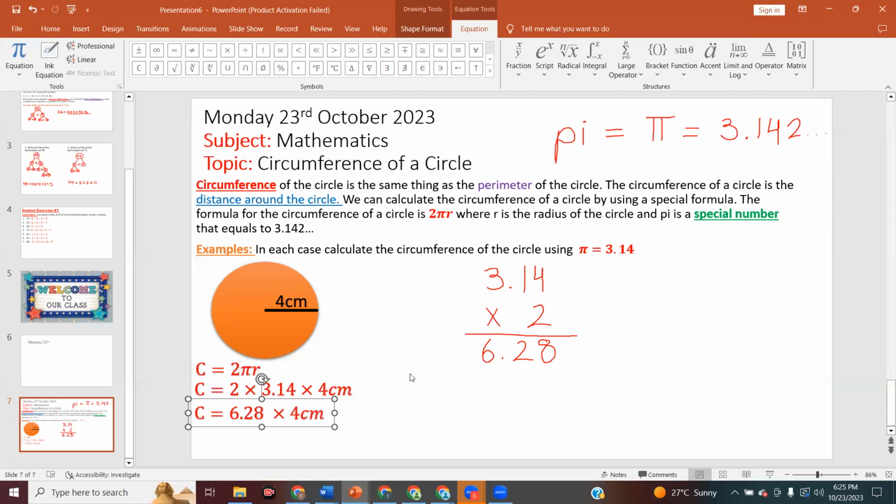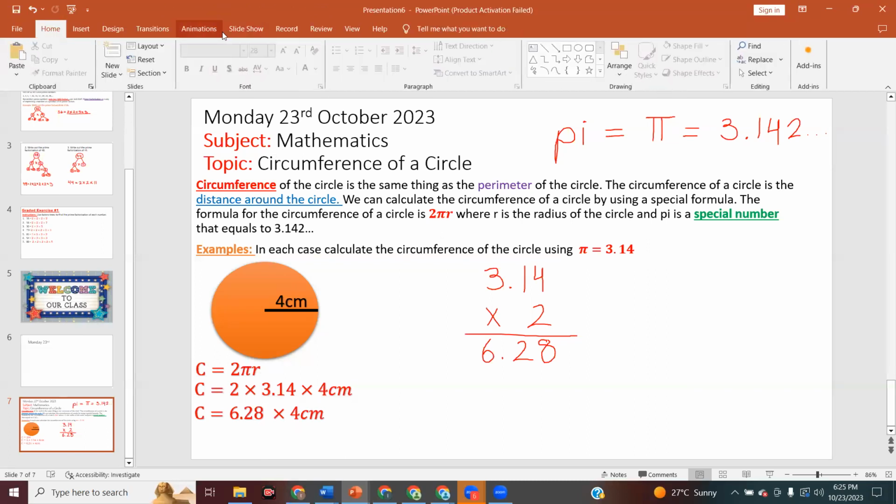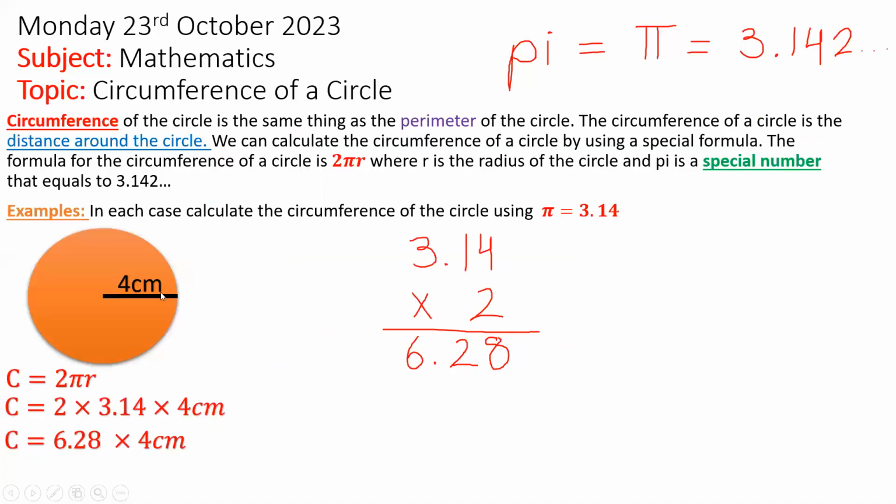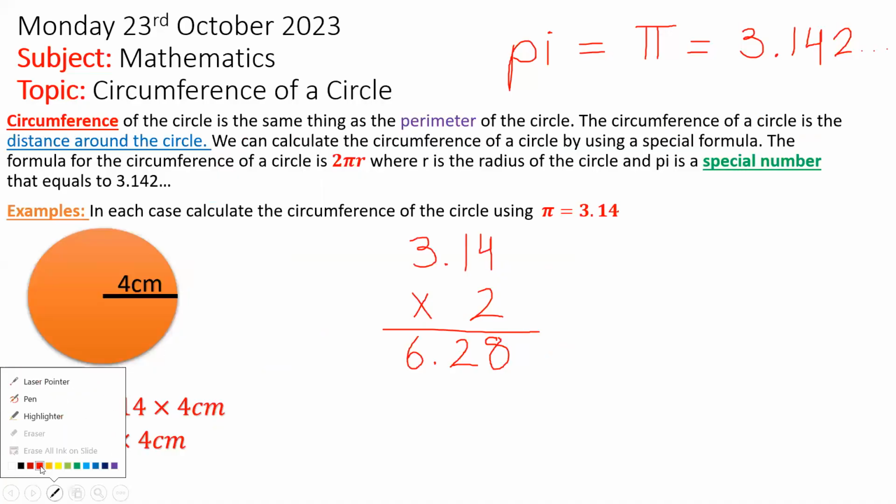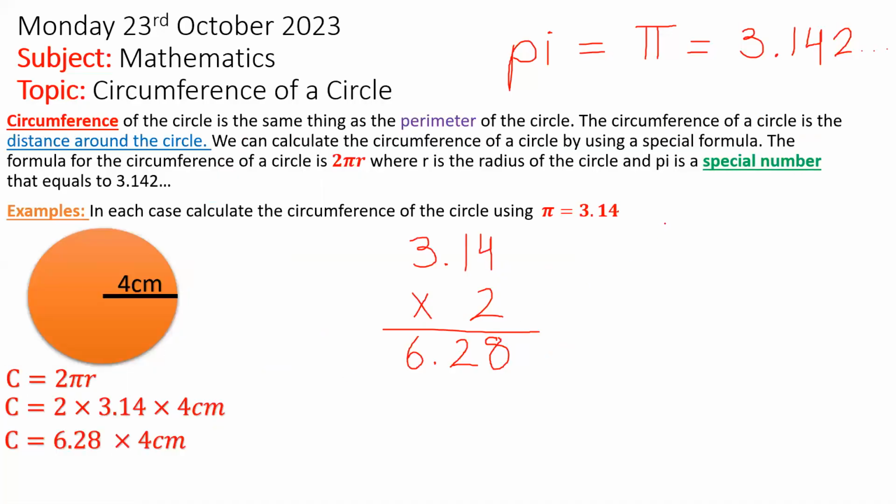By 4. So let's do that. 6.28 multiplied by 4.